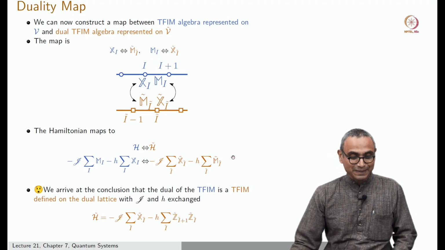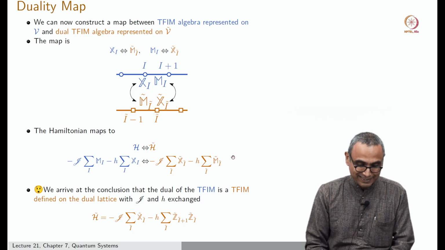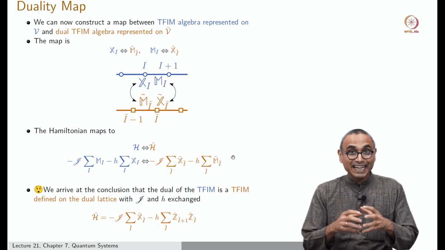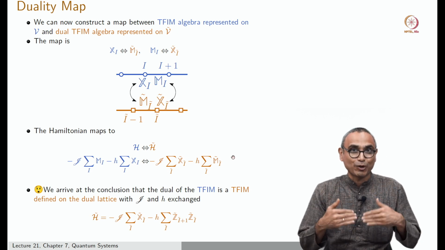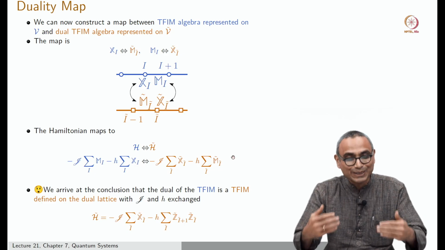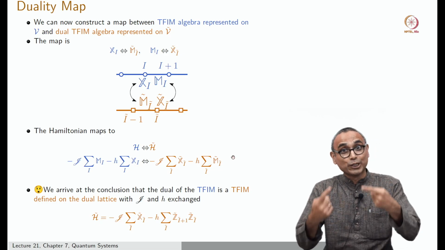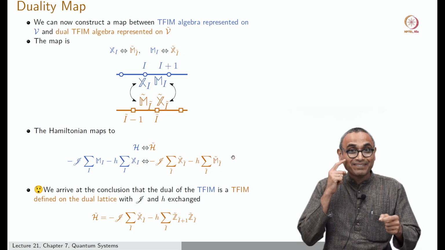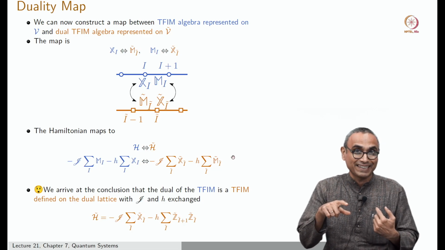So what is this? We have arrived at an astonishing conclusion, which is that the quantum dual of the transverse field Ising model that we started off with is also a transverse field Ising model defined on the dual lattice, but with the two coupling constants exchanged, so to speak.